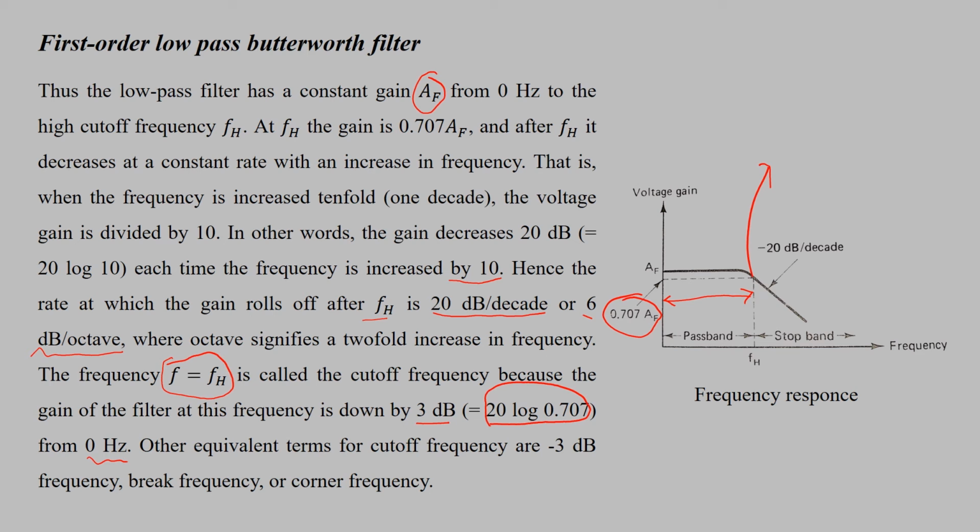So other equivalent terms for cutoff frequency are minus 3 dB frequency, breakaway frequency, or corner frequency. This is also called 3 dB frequency or 0.707 of the amplitude or 50% power point. So here, as the amplitude is 0.707, the power becomes 50% at this point.